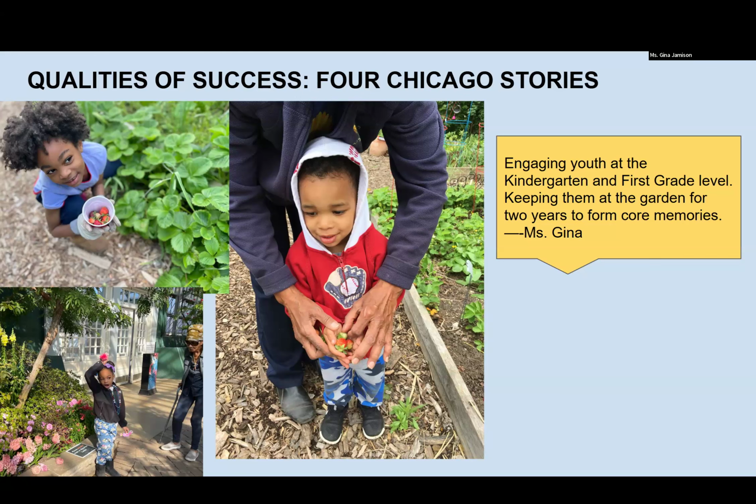One thing I have to say is one day I was bringing the children over to the garden from the school. So this young little man said, oh, may I hold your hand, Miss Gina? And I said, oh, sure, baby, you can hold my hand. And I said, well, why do you want to hold my hand? He says, because you're old. I said, oh, okay.